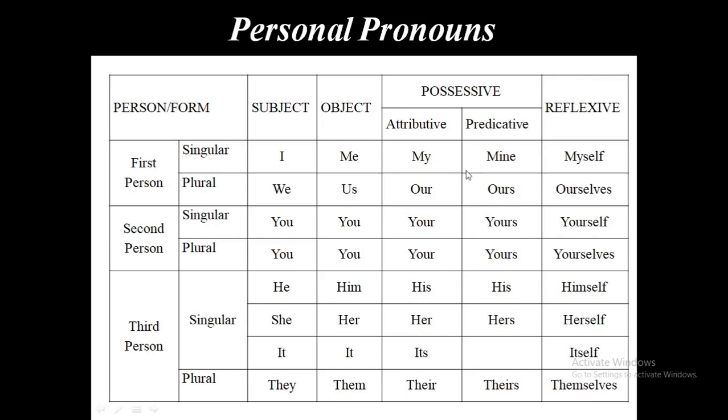So these are the attributive and predicative possessive pronouns we can use. And then reflexive pronouns: myself, ourselves in plural form, and yourself, yourselves. This is singular and this is plural. For singular we add self, for plural we add selves. Himself, herself, itself, and themselves.